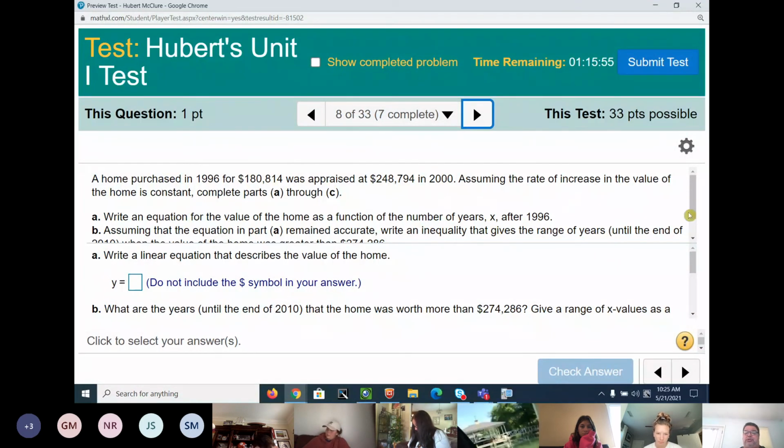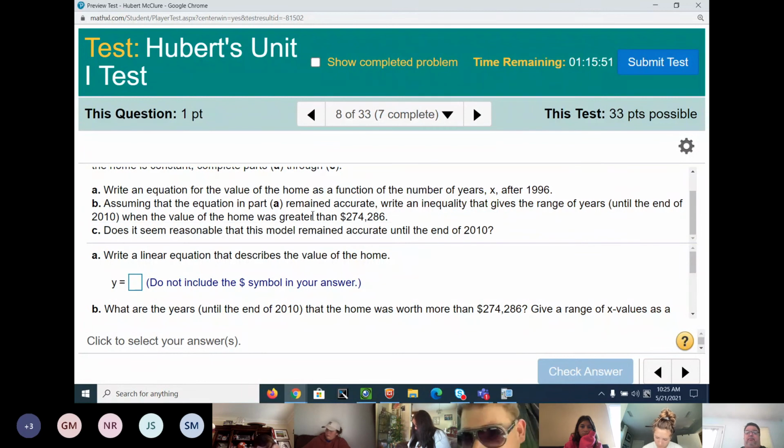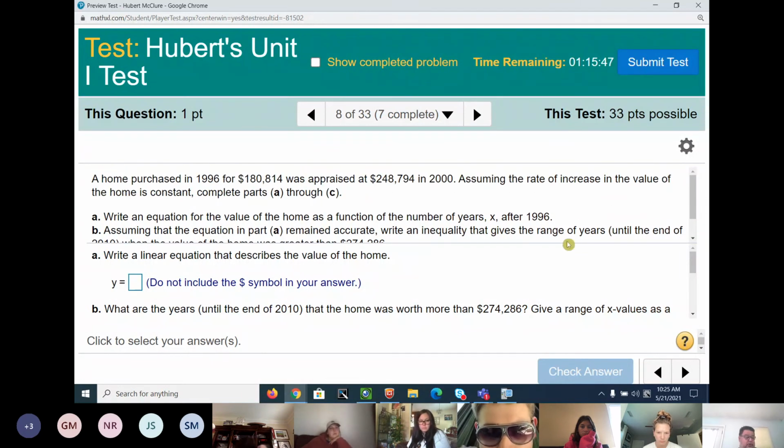Complete parts A through C. Find an equation. So let's write down some information. First, we got to find an equation. And what did I tell you? When you see the words find an equation, what are you going to use? The point slope equation.